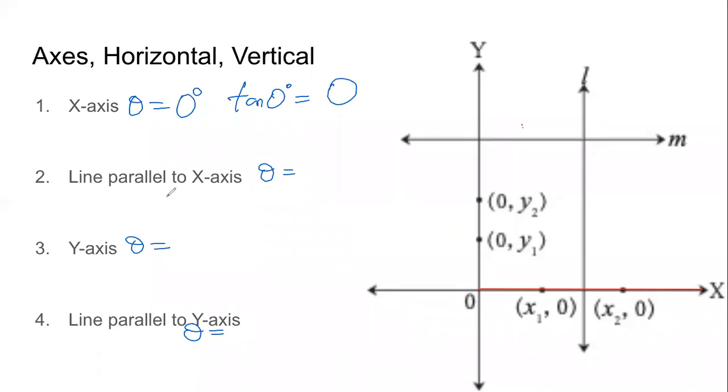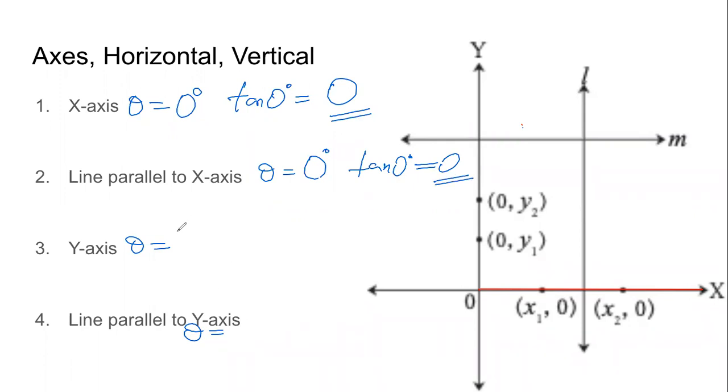Similarly, all the lines that are parallel to x-axis also make a 0 degree angle with the positive direction of the x-axis. So tan 0 equals 0. यही तो हमने बोला था ना, slope of x-axis and all the lines that are parallel to x-axis, slope is 0. See, slope is 0.